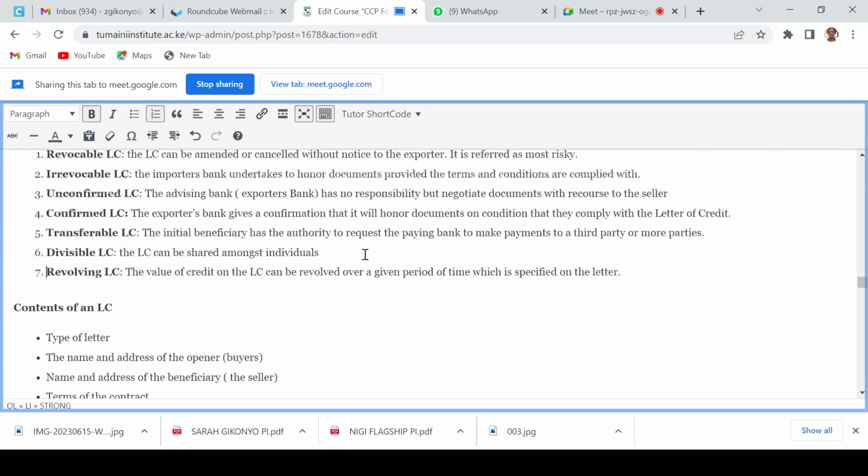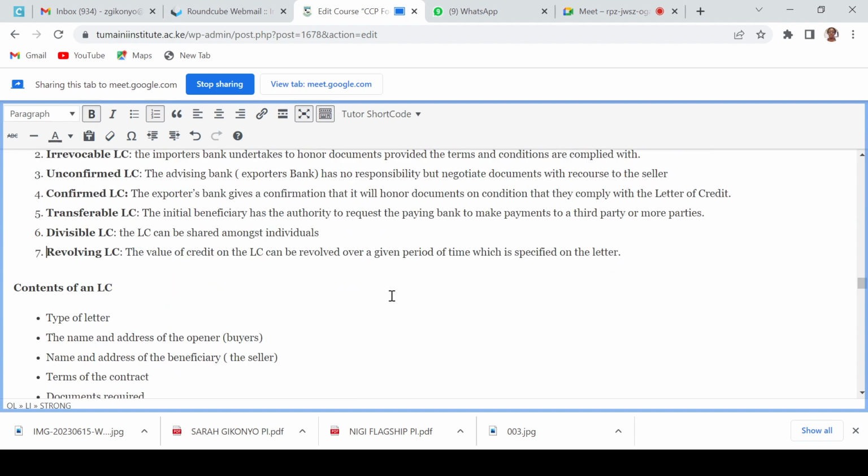Then there is another one we call revolving letter of credit. A revolving, unaweza pata iko nitakuwa nanunua kila mwezi ama kwa muda fulani. So the value of the credit on the LC can be revolved over a given period of time which is specified on the letter. So every time niko na hii LC imeandikwa ni ya mwaka mzima, lakini nina deliver in bits.